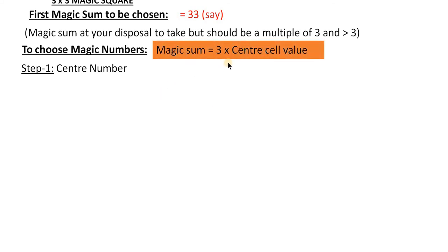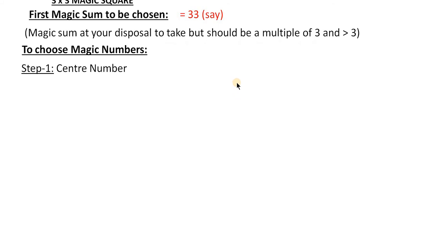This is known to you, you are recalling it. So that concept you are applying here: center number equals magic sum divided by 3. 33 is the magic sum we have taken. 33 divided by 3 equals 11. So 11 is the center number.